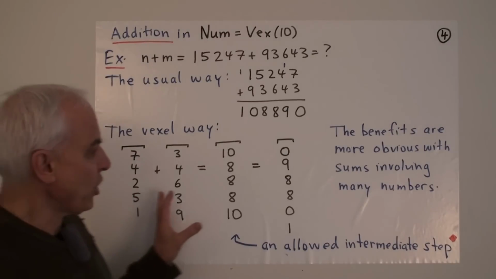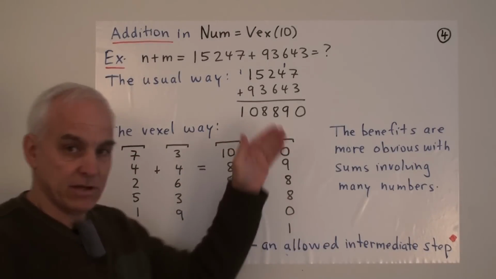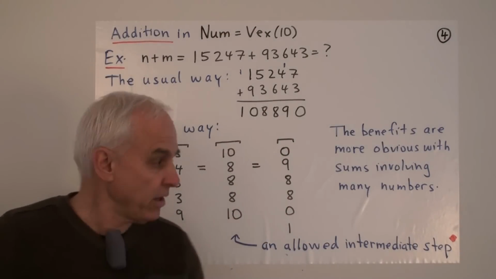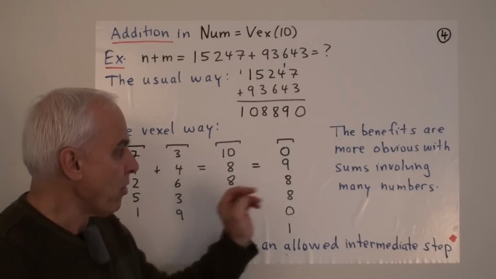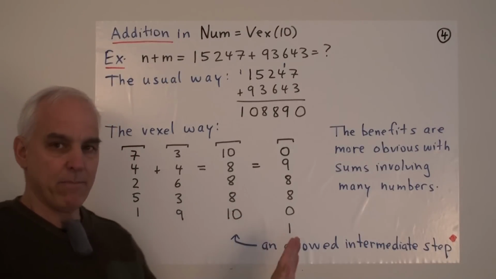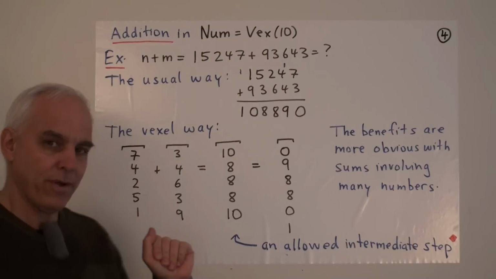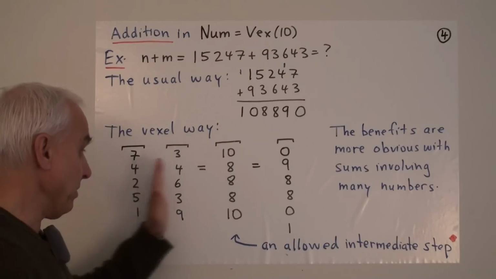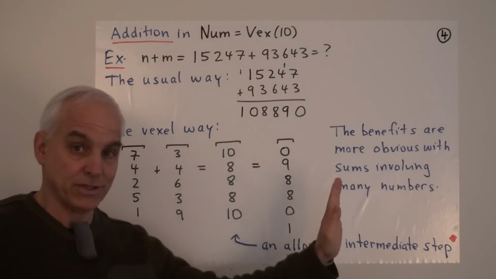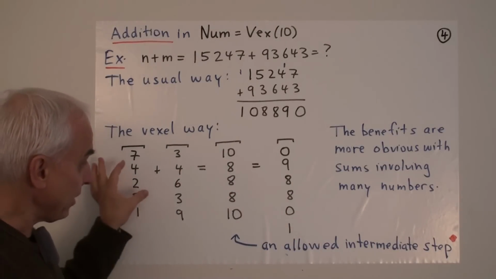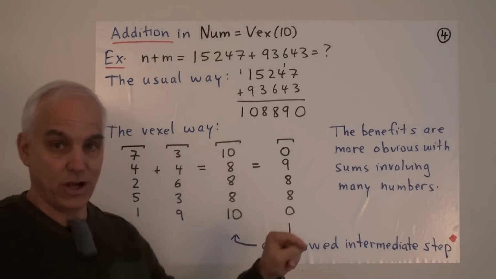So the benefits of this approach, they're obviously quite similar in this situation, but the benefits of this approach are more obvious with sums involving many numbers. So if we had to add not just 2 numbers, but maybe 10 or 100 or 1,000 numbers, then there would be a considerable advantage in working horizontally.